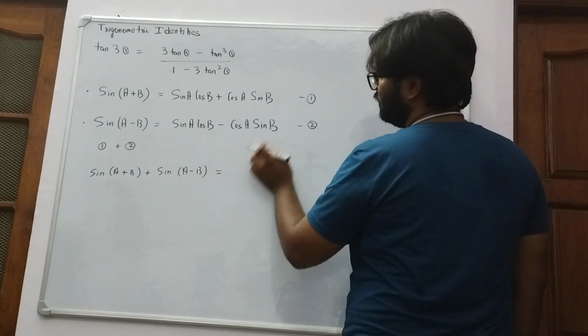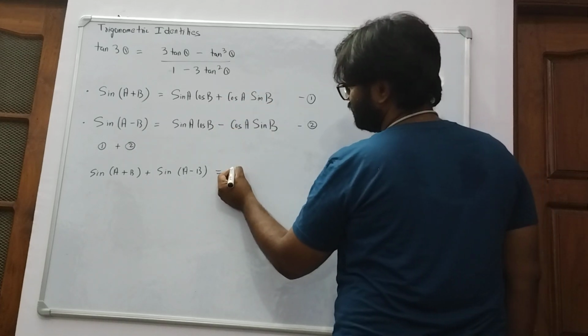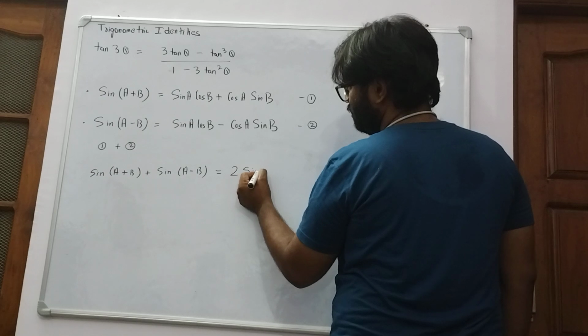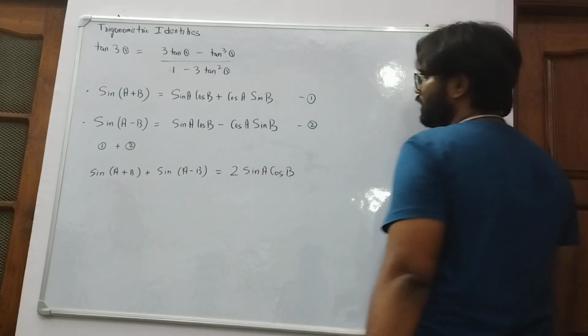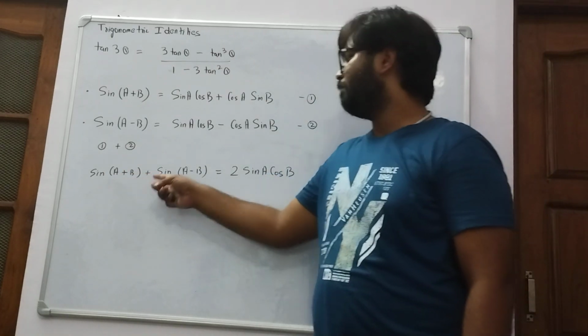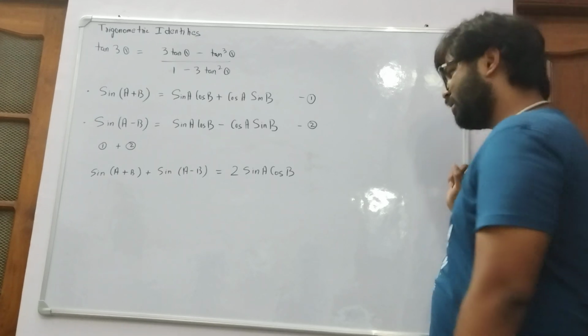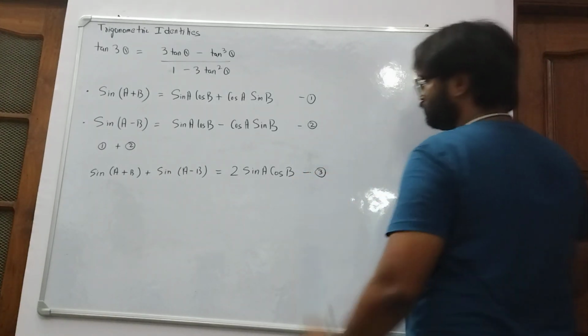And on the RHS, this is plus, this is minus, so this will get cancelled out, and we will simply get 2 sin a cos b. This is the formula which we use in class 11. So 2 sin a cos b is equal to sin a plus b plus sin a minus b. Let's consider this as equation number 3.